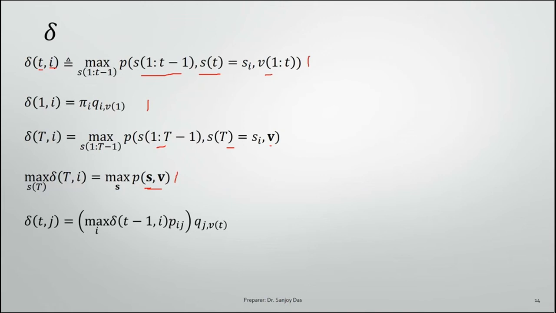And then we found the recursive relationship delta t(j) equals max over i of delta t-1(i) Pij times Qj(Vt). I've placed the max within parentheses because what's outside the parentheses no longer involves the index i.